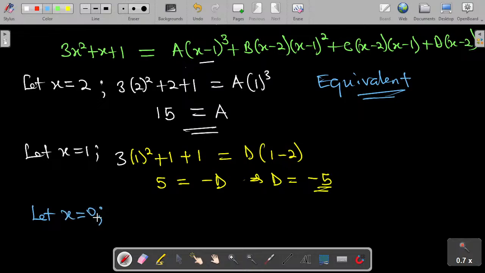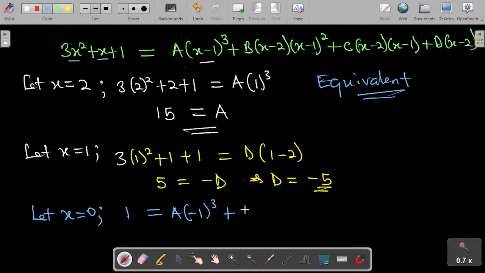Let's look at it. If I put x as 0 here, the whole of this will turn to 0. This one will turn to 0. So I will just have 1 is equal to, here you are going to have A into 0 minus 1, which is minus 1, raised to power 3.